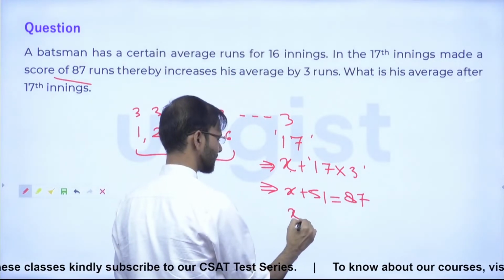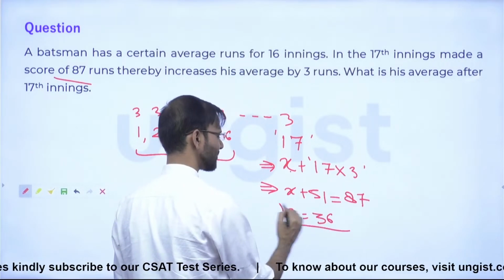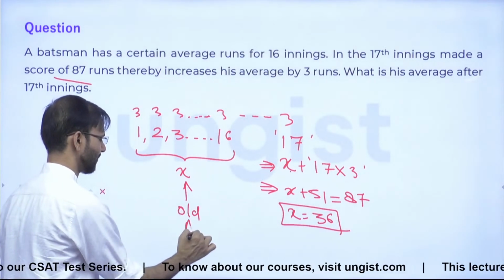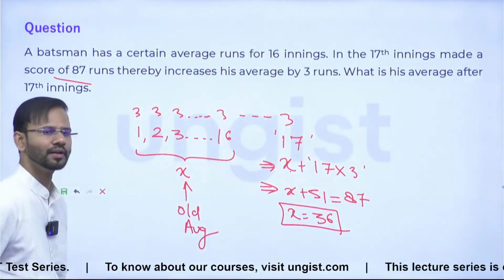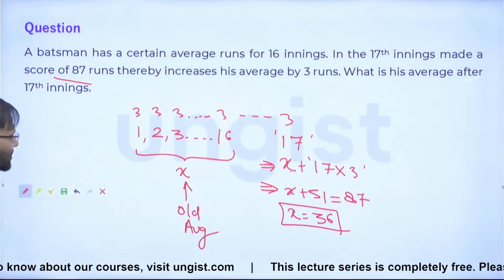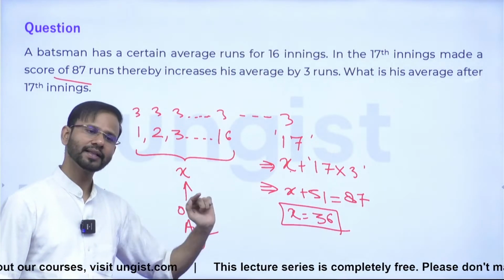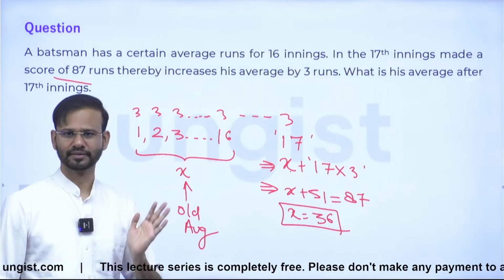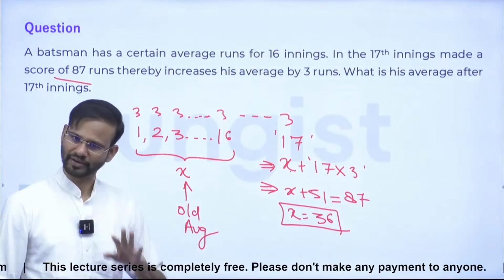So it means X is 36. What you have assumed as X is the old average of the first 16 innings. Everybody, yes or no? It means the old average was 36 and the new average will be what? 36 plus 3, which is 39. Everyone fine now?